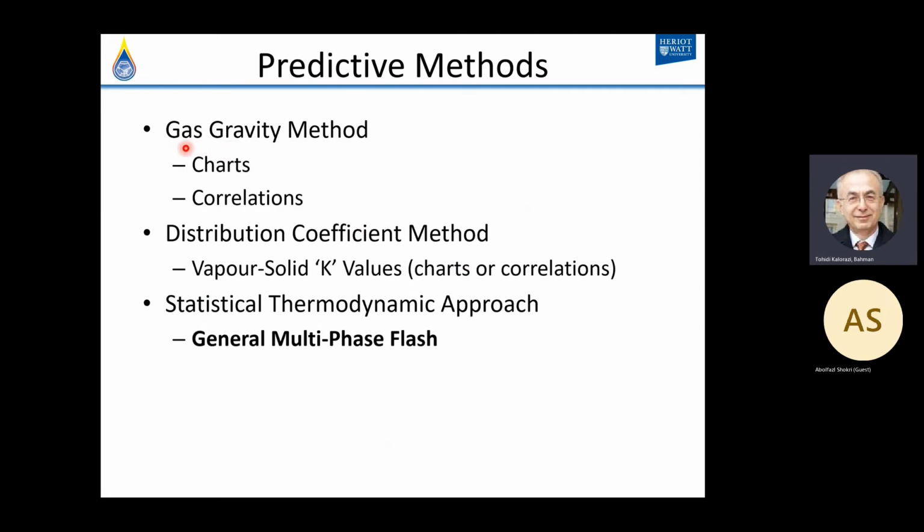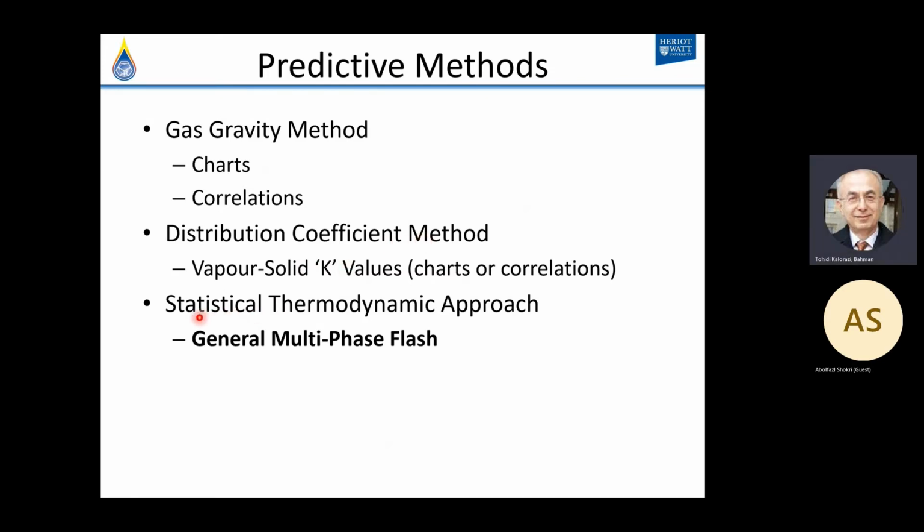One is the gas gravity method, and there are charts and correlations. Another one is the K value method, which is basically an extension of the K value from liquid and vapor hydrocarbon. And we can do that one.